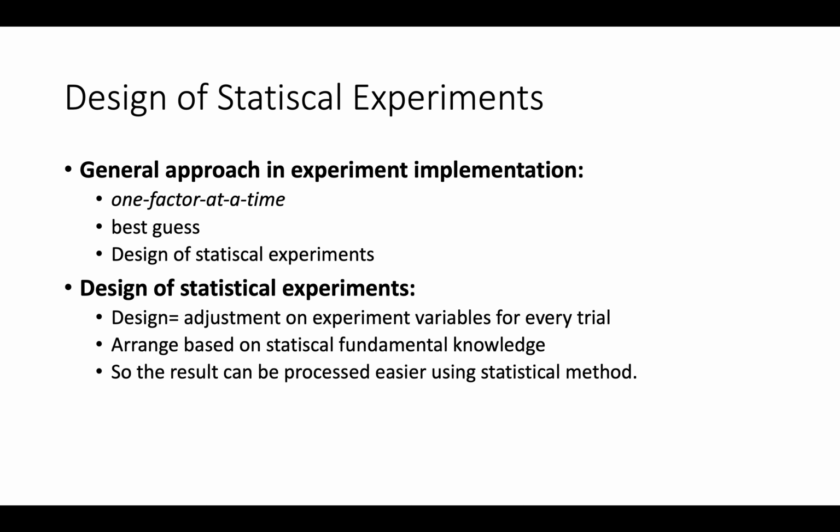So by conducting the design of statistical experiments, we can save time, money, and materials, but also have a valid response, a good enough response to be processed using statistical methods and to draw a strong and good conclusion.